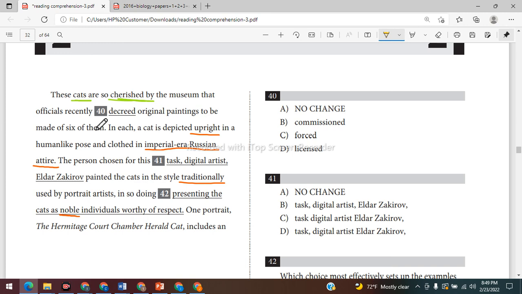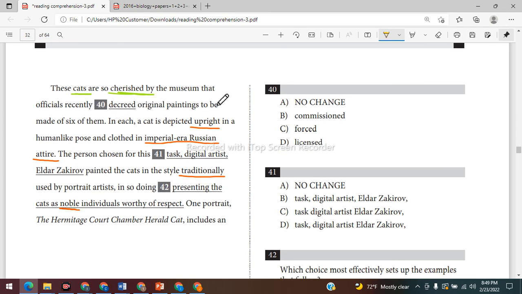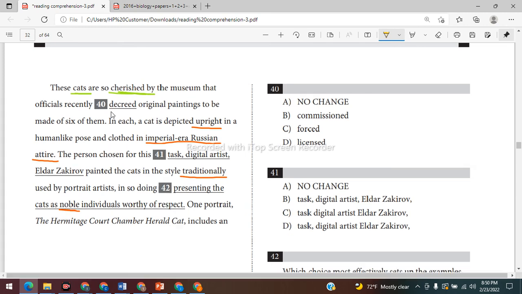Did the museum decree that original paintings be made of them? Did they commission paintings? Did they force paintings to be made, or did they license paintings? B.